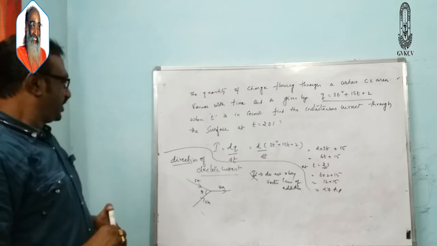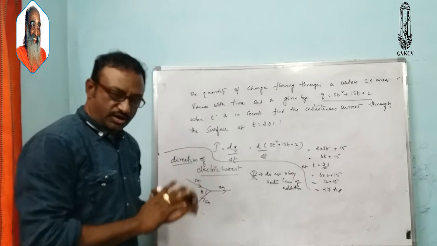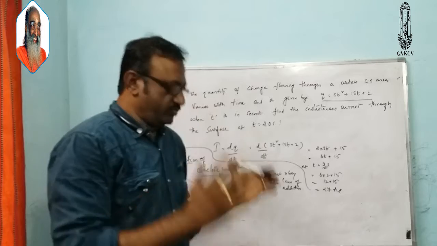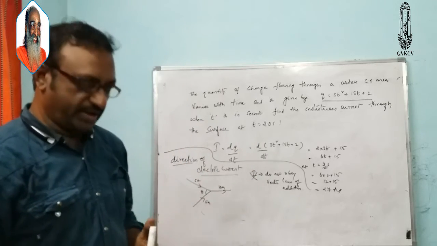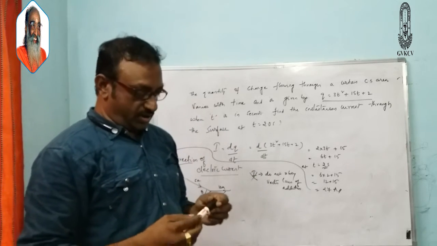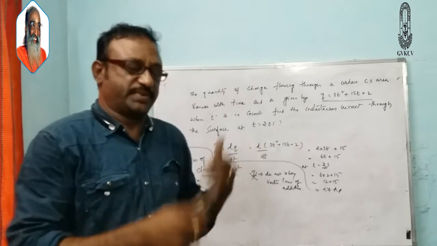So now we understood that electric current is a scalar quantity, and specifically we should not talk about its direction, but here and there we need to express the direction.